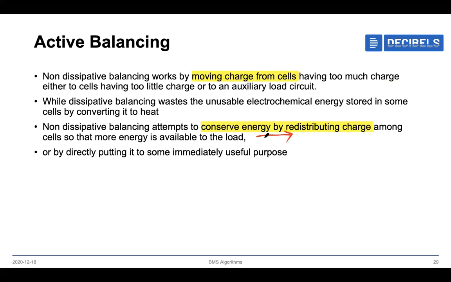So with active balancing, we can move the charge from one cell to a strong cell, or store it in an auxiliary battery, where we can use it for auxiliary applications, or for an immediate useful purpose if some other electronic components need energy at that point of time. So at that point we can use the energy from that weak cell.